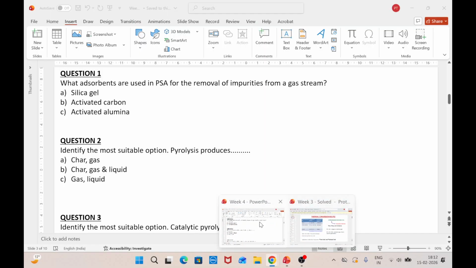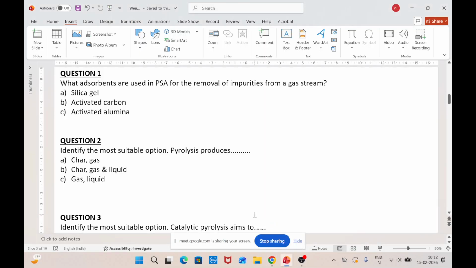Is it silica gel or activated carbon or activated alumina? Which of the following is used as the adsorbent in PSA for the removal of impurities from a gas stream?